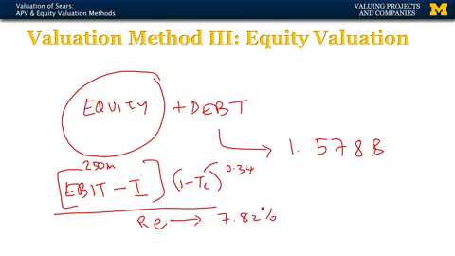So let's do it. This is neat. You see how cool that was? So what do you do? You do RD times D is the interest. Okay, do we know RD? Yes, it's 0.04 or 4%.